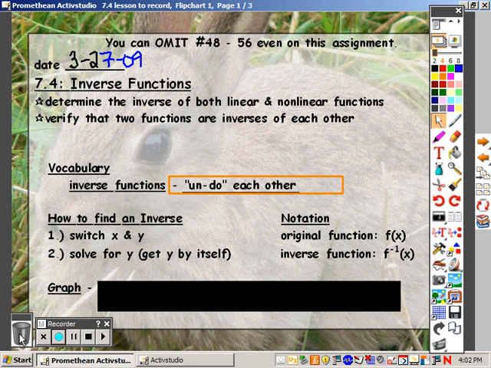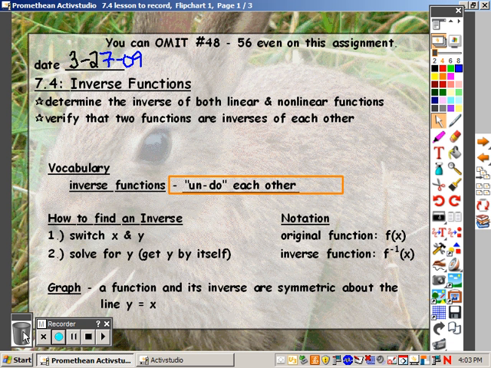And it looks like f to the negative 1 power, but you would read it as f inverse of x equals, and then we would go on to tell what the rest of the equation was. So make sure in your notes that you're writing the original is f of x, the inverse is f inverse of x.